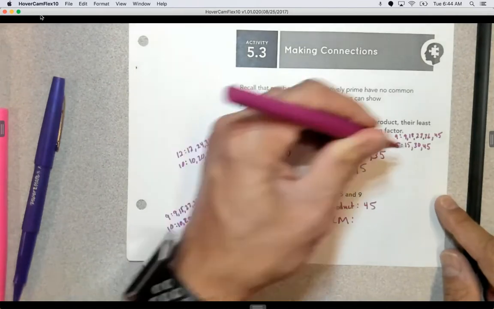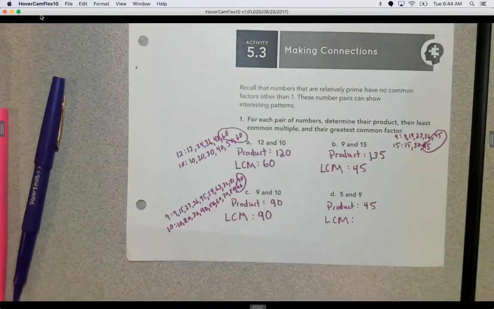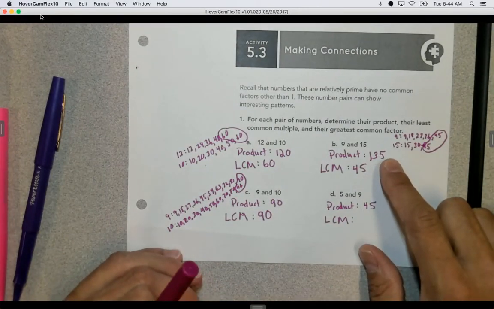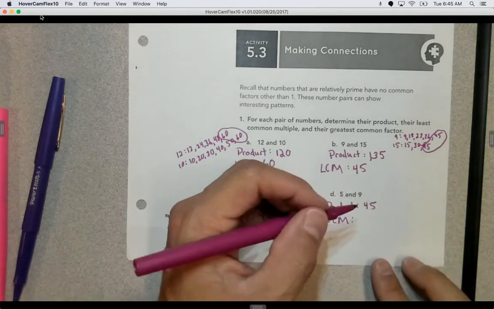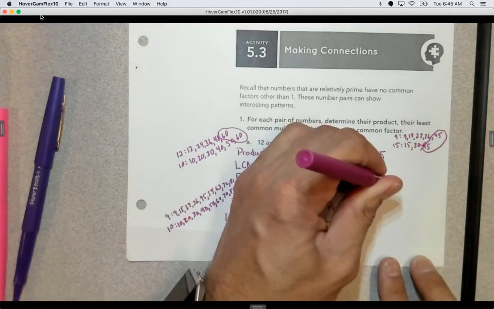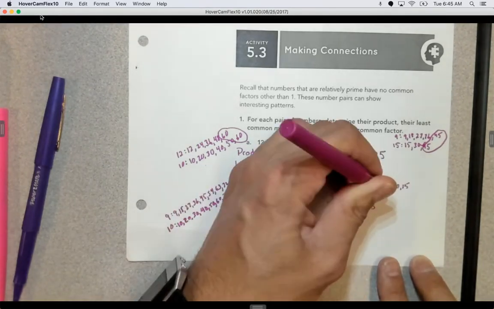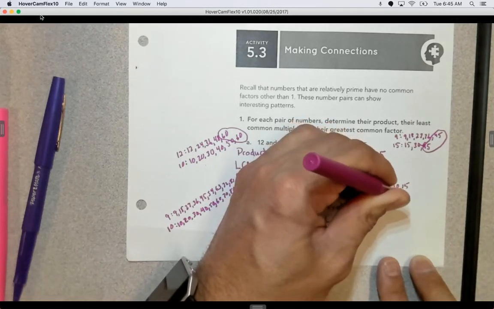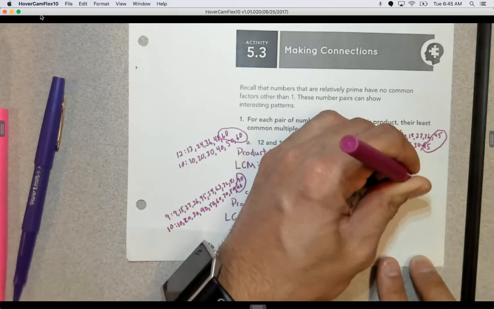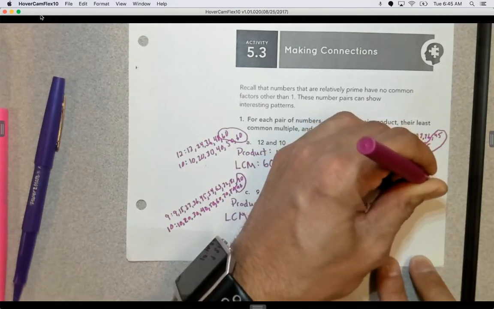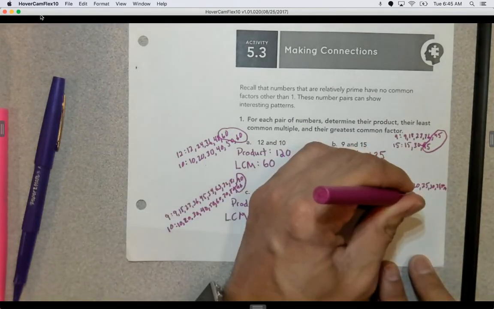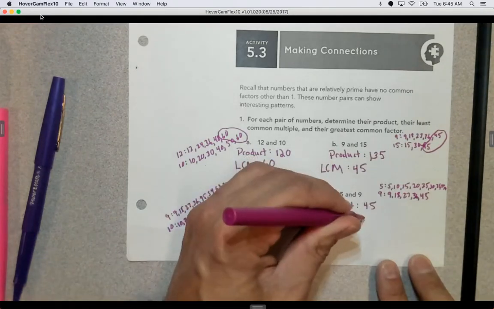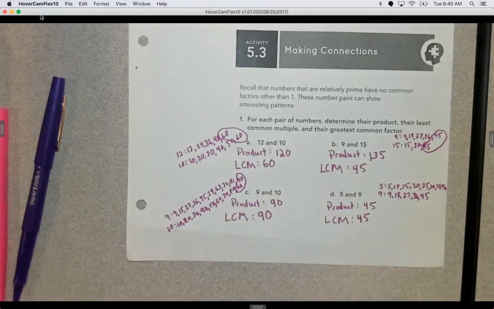Okay. I know that this is 3 times greater than this. Then 5 and 9, I know the LCM will be 45, but I can go and list it. 5, 10, 15, 9, 18, 27, 20, 25, 30, 35, 40, 45, 36, 45. 45 is the LCM between those two, and the only factor they share is 1.